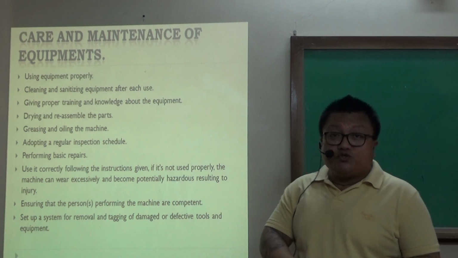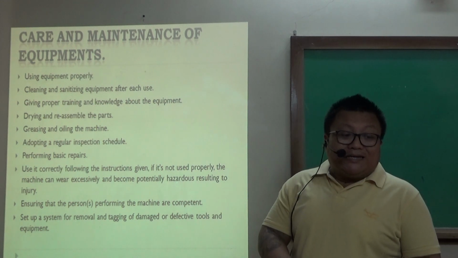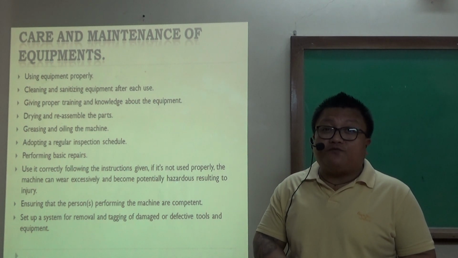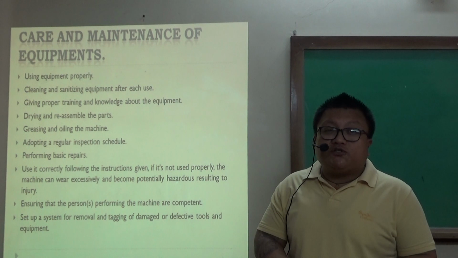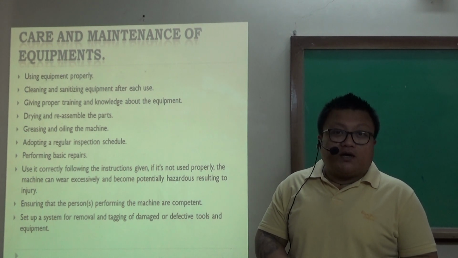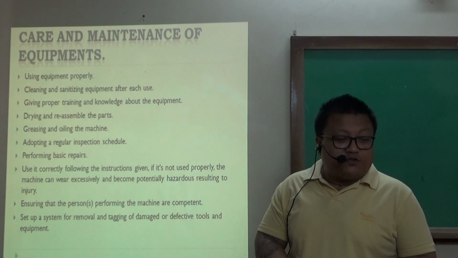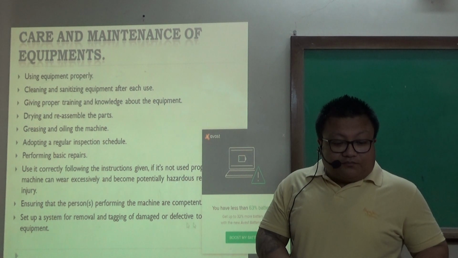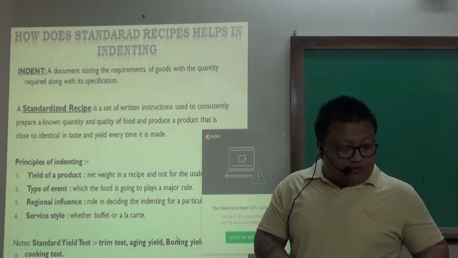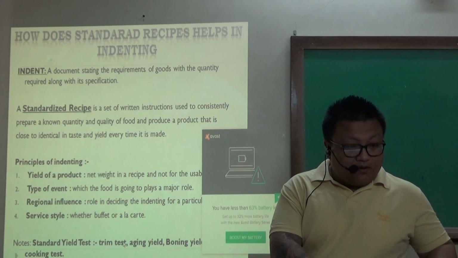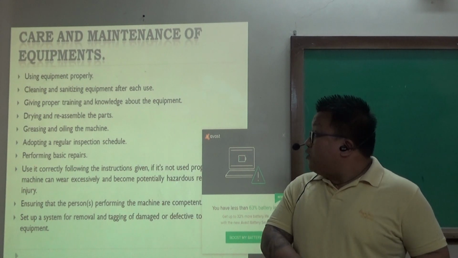Number one is using equipments properly, cleaning and sanitizing, of course, to make sure they are free from pathogens and highly sanitized, and that HACCP is maintained and hazards are avoided.